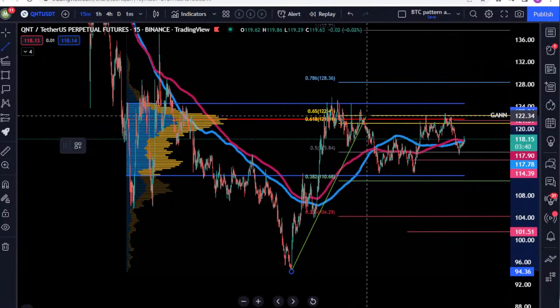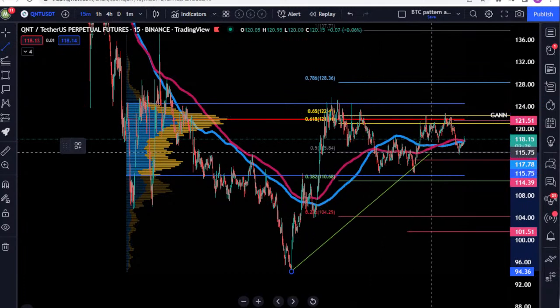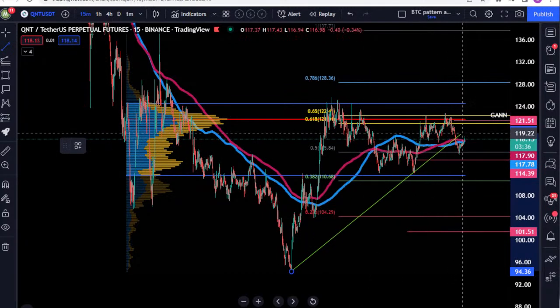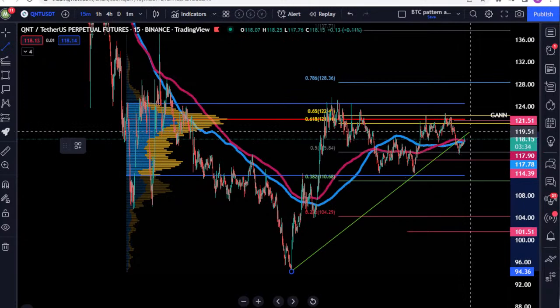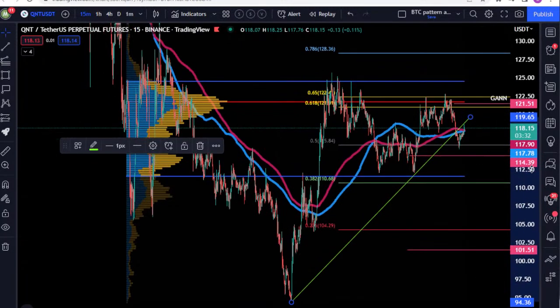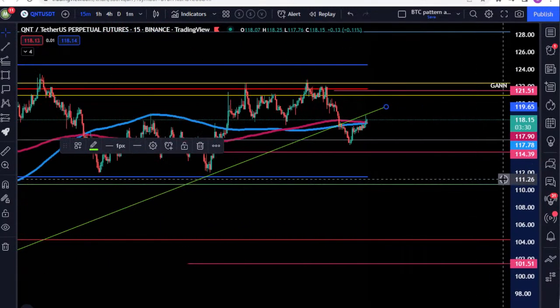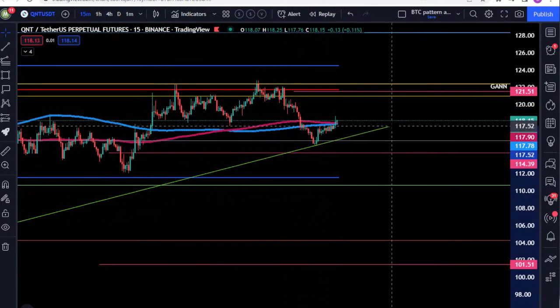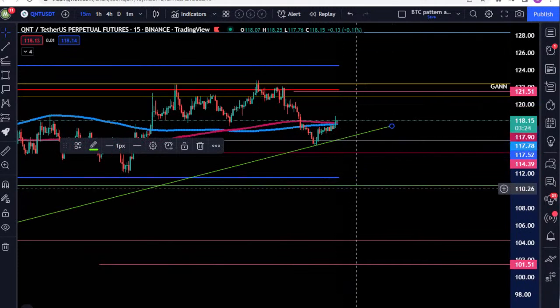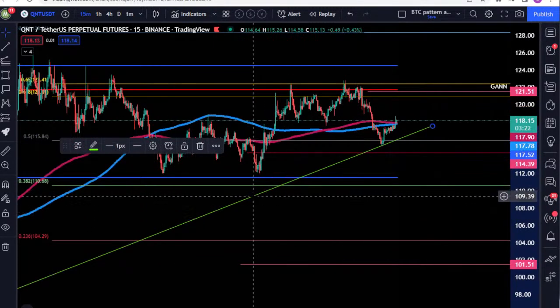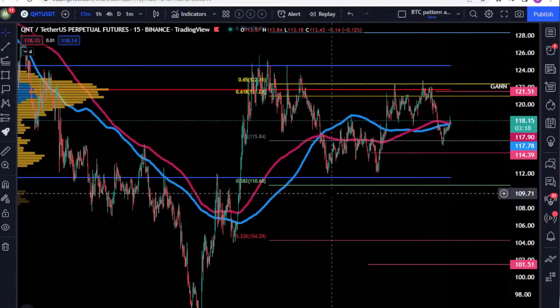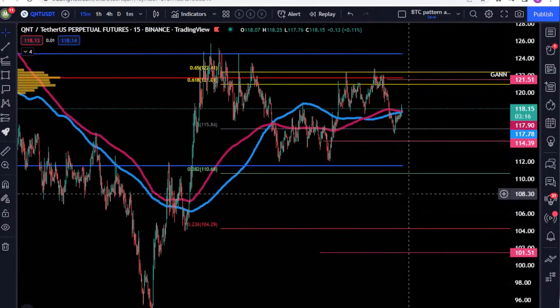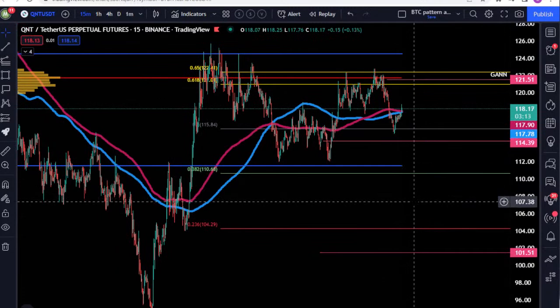We've broken the trend. Even if you do this, you are back testing that trend line at the moment. And even if you do this, then okay, this is your new support, then you may come down and retest it. So trend lines, it depends how you draw them. It's a matter of perspective.